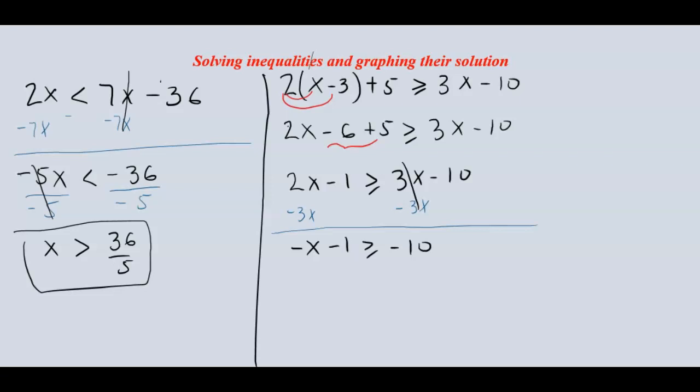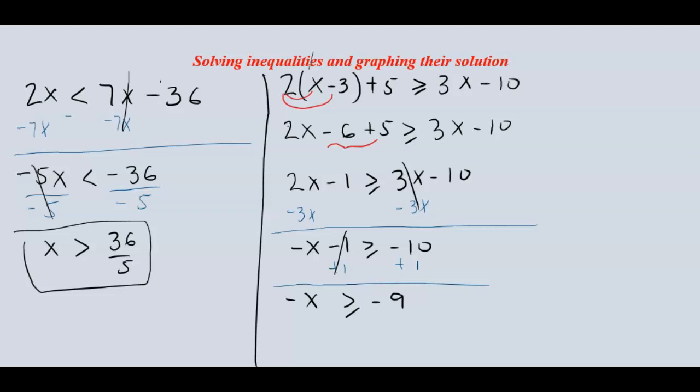Now we are going to add 1 on both sides. Then we're going to have negative x. Negative 1 plus 1 is 0, so gone. Greater than or equal to negative 9.